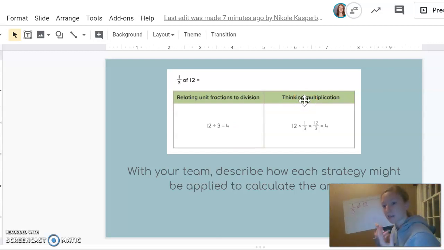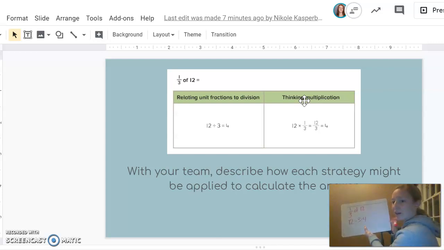Okay, so this is kind of the 2 things we've been working on so far. So if I'm wanting to find 1/3 of 12, I'm basically saying, okay, if I have 12 different marbles and I put them into groups of 3, how many would be in each group? Okay, that's 12 divided by 3. That's 4. We know that answer.